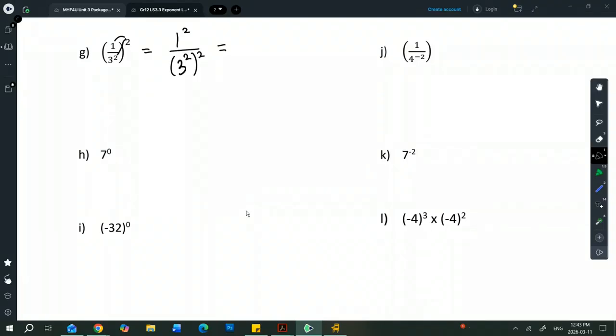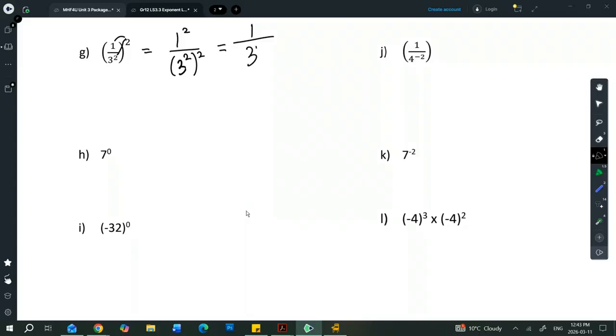So what is 1 squared? 1. And then what do we do when we have a power on a power? Yep, so we'll multiply the exponents here.